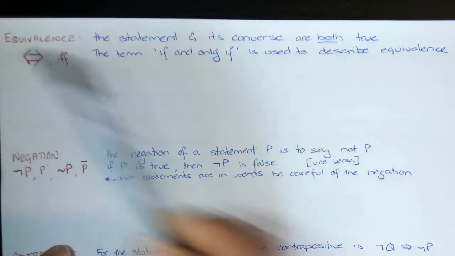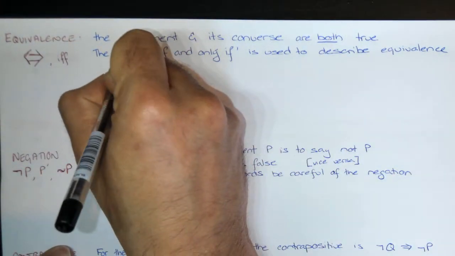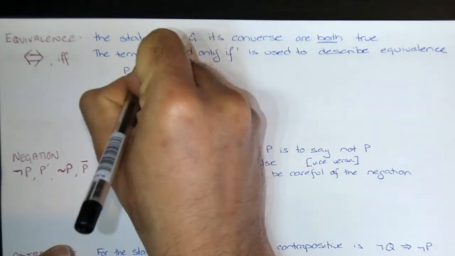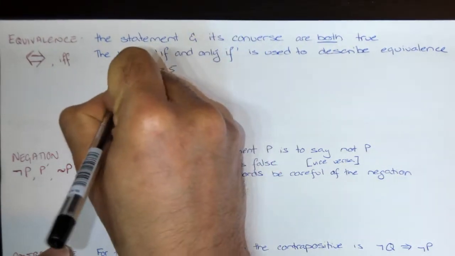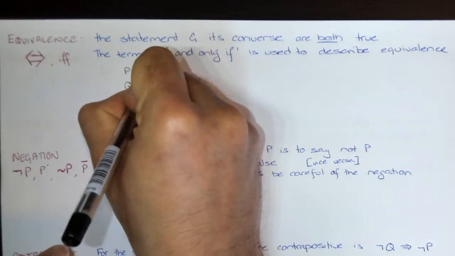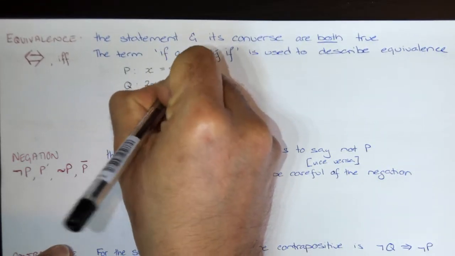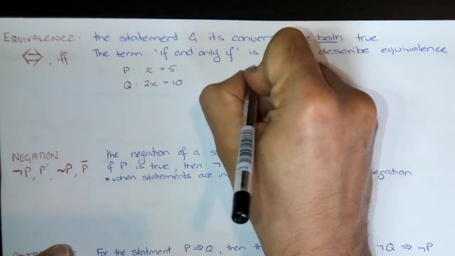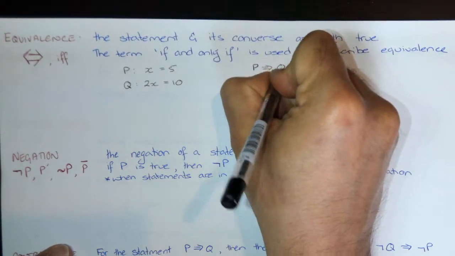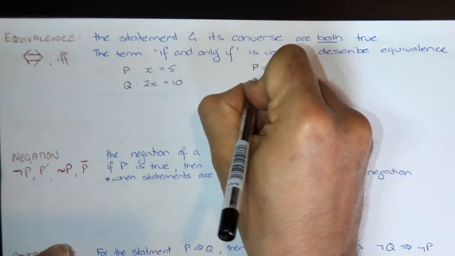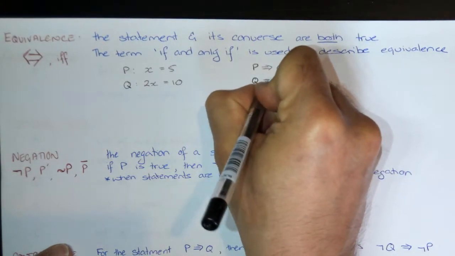For example, let's say one statement is x equals 5, and my other statement is 2x equals 10. If P implies Q is true, and Q also implies P.